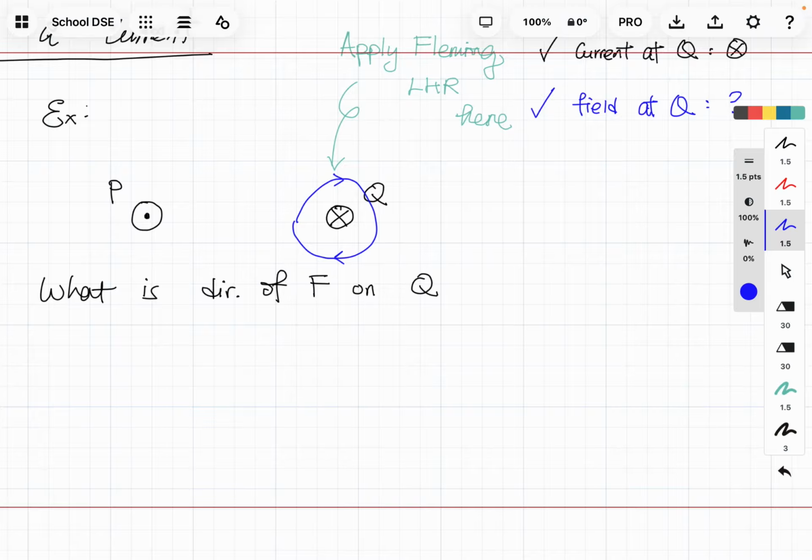And in this region, you have a uniform B field which is pointing into the page. So I just denote it as a circle with a cross, circle with a cross, circle with a cross.